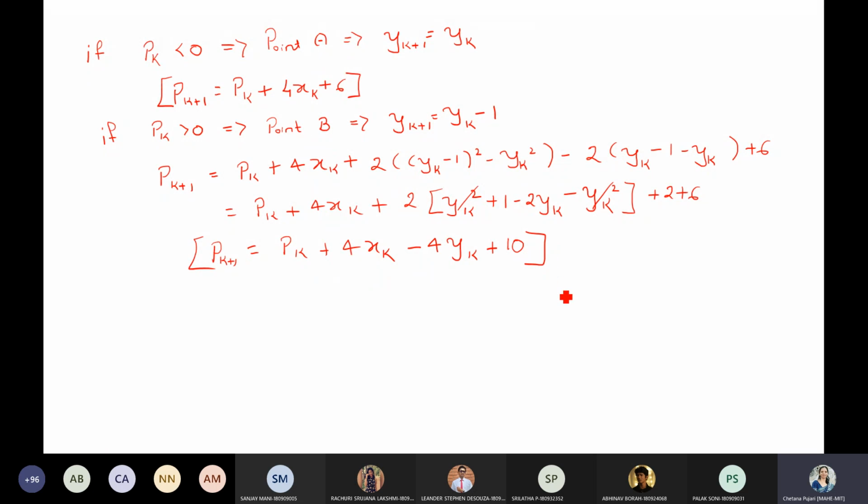So this is what you get for pk greater than 0. So now you got for pk less than 0 and pk greater than 0. So next step is to calculate the initial decision parameter.